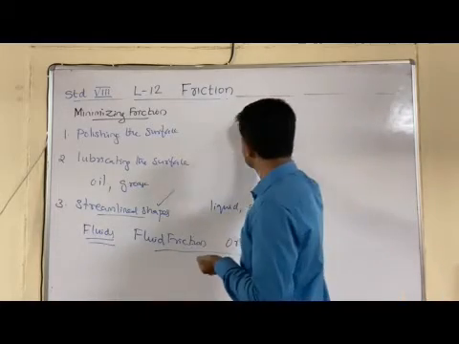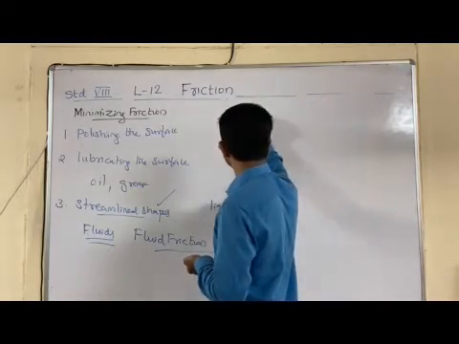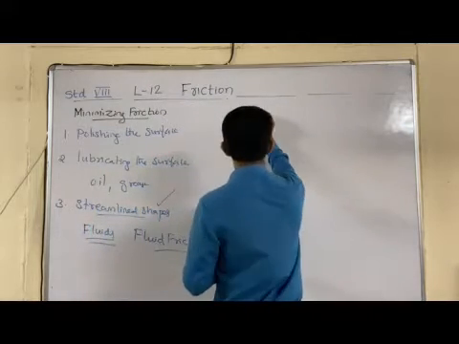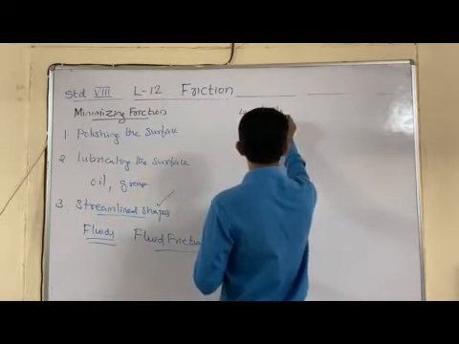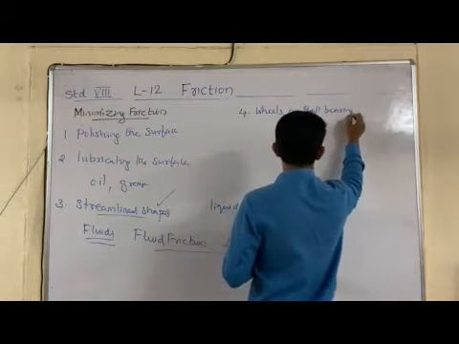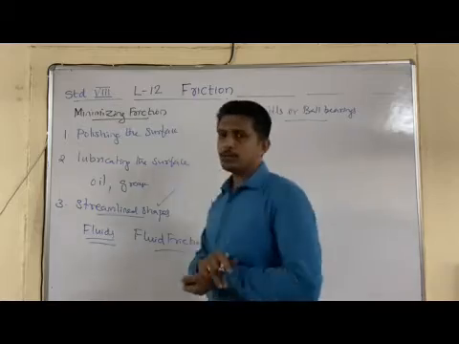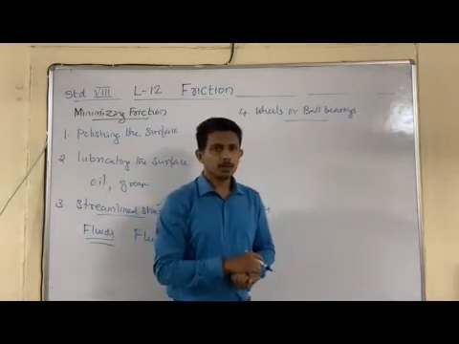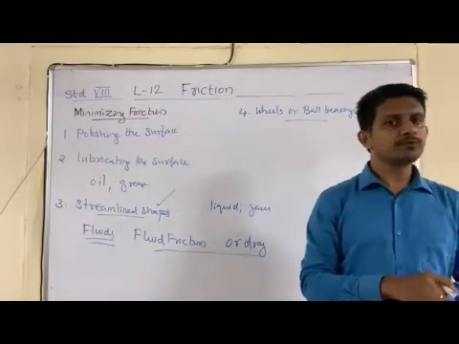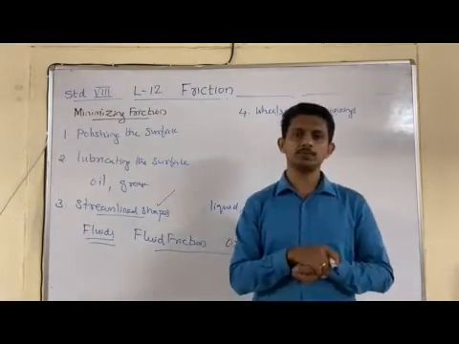The fourth method of reducing friction is by using wheels or ball bearings. In the case of wheels, rolling friction is always less than sliding friction.